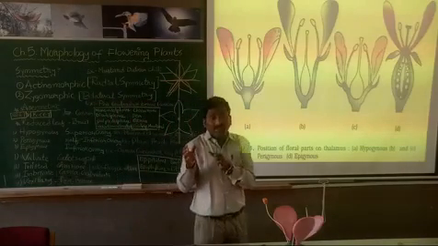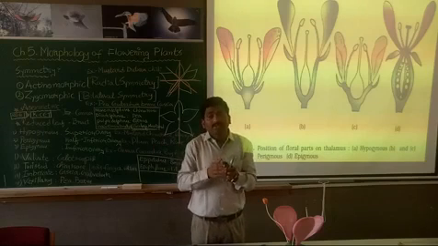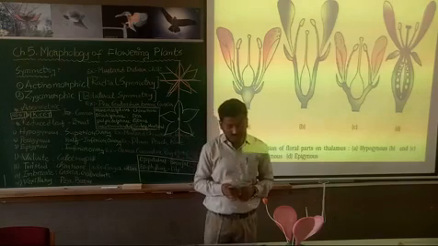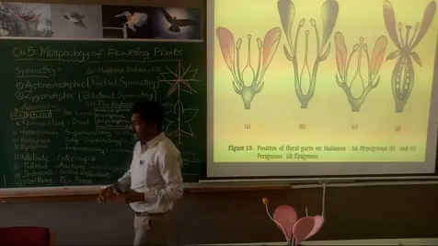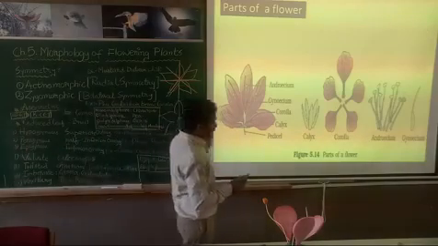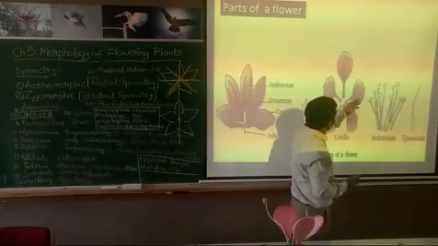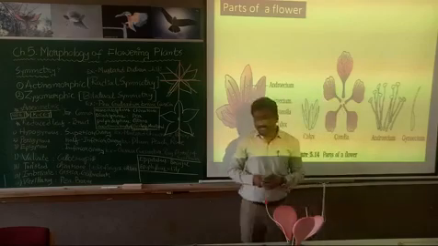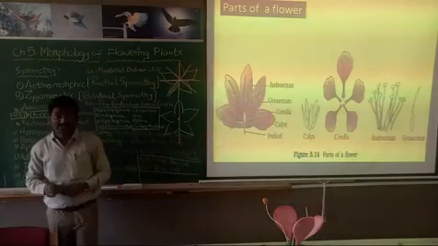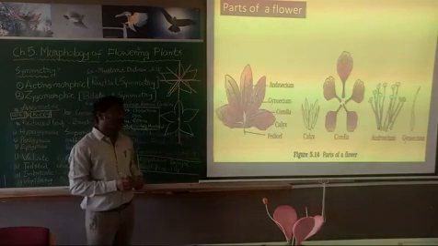Understood? Now coming to the next part, the corolla. We are taking consideration from outside to inside, so in that order, the second one is the corolla. Here you can see on the screen, the corolla. It is attractive and bright in nature for attracting insects for pollination.